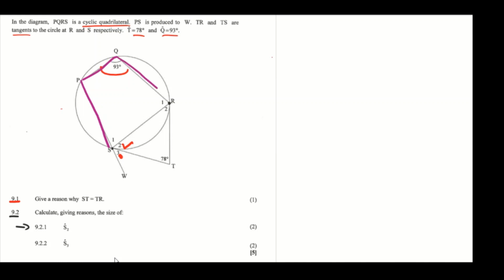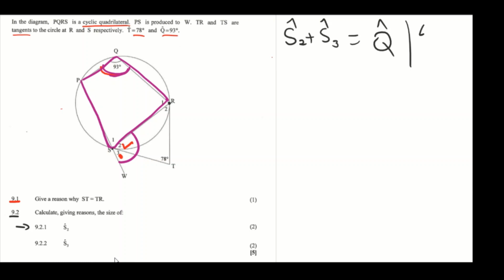We were told in the statement this is a cyclic quad. So if this is a cyclic quad and we have this angle of 93, it means that this exterior angle is equal to the opposite interior angle. The exterior angle is S2 plus S3, so that's the exterior angle, being equal to what? Being equal to Q.